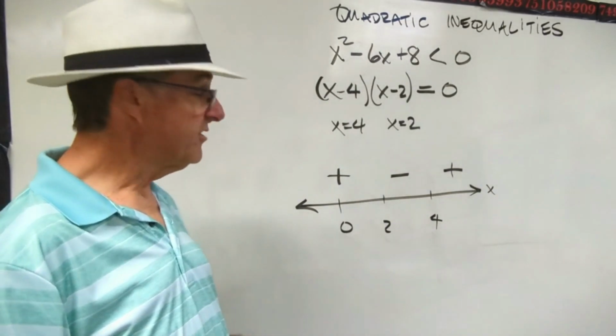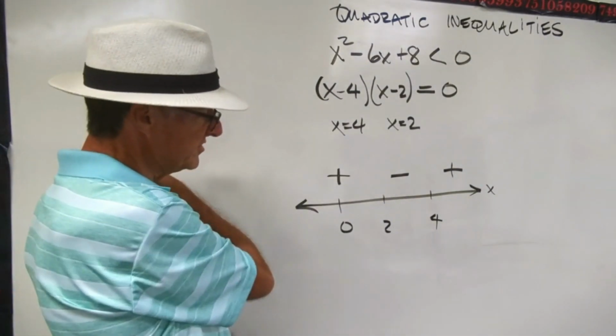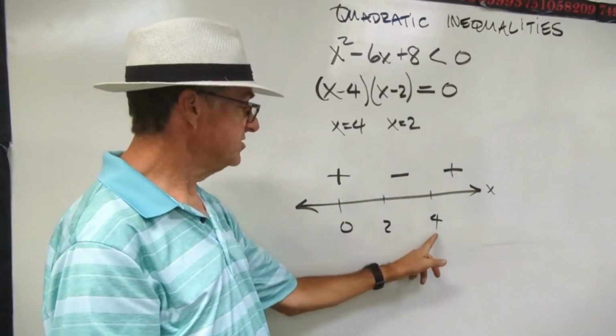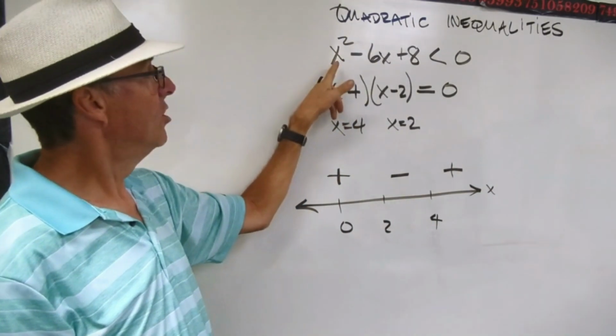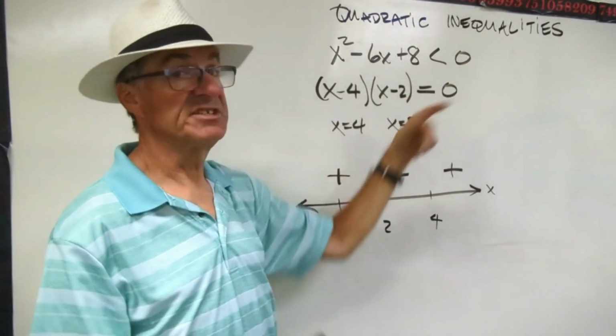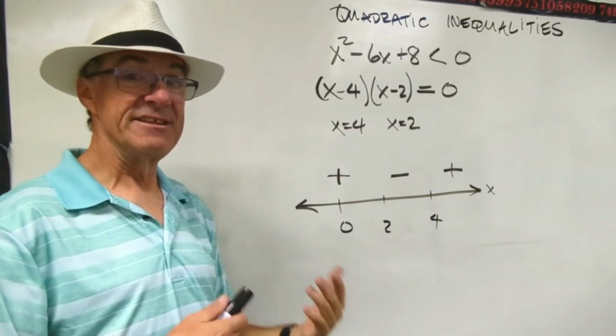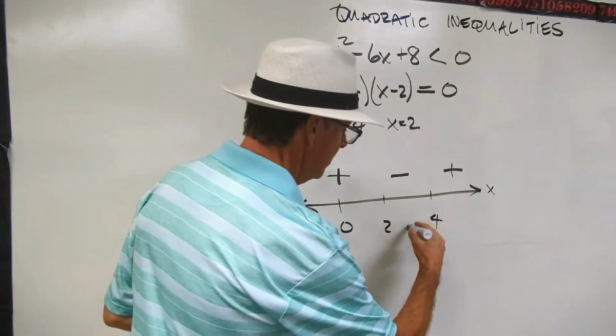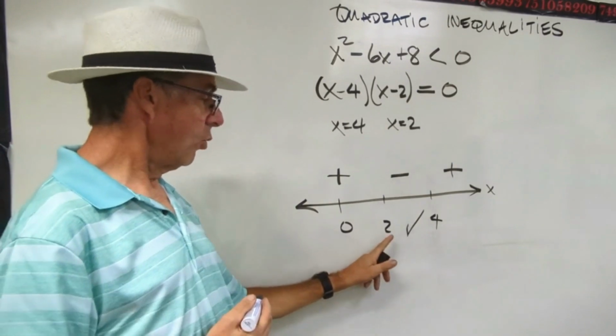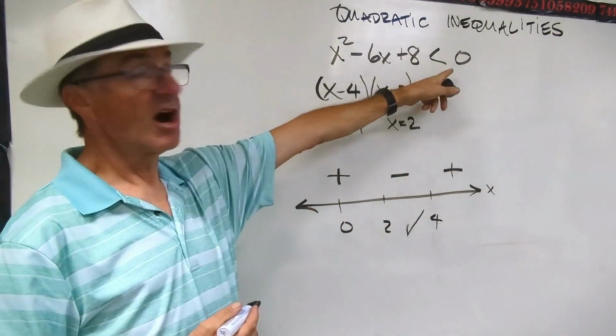So now that we know the function is positive this way, negative in between 2 and 4, and positive greater than 4, we can answer the question: when is the function less than 0? That's when the function is negative. So this is the zone, I'll put a little check mark there, where the function satisfies our inequality.